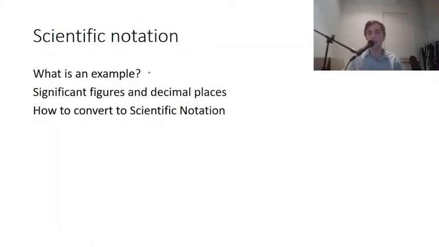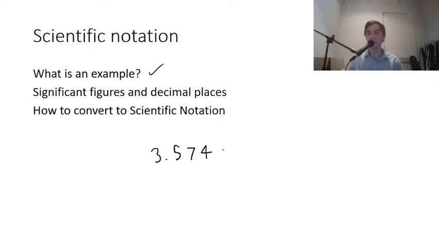What are significant figures and decimal places? Well, decimal places, hopefully you know that this has 3 decimal places. But what you may not have known is that it has 4 significant figures.